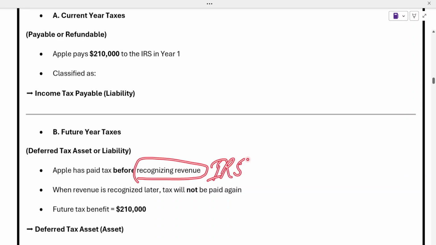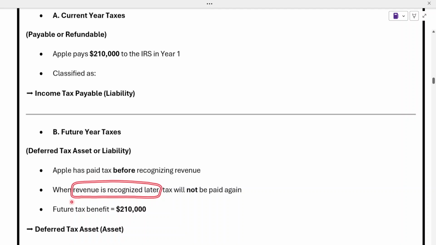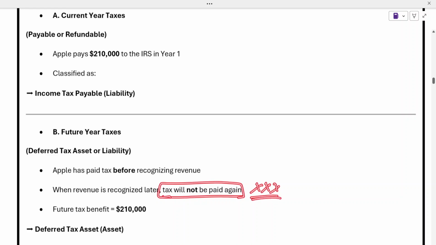Now when revenue is recognized as per your books of accounts or as per GAAP, will the company pay taxes again? You will say no, the company won't pay taxes again, there won't be any need to pay taxes again. So in future the company will get the benefit of $210,000, right? Because income tax cannot come again and say pay taxes again on the same income.